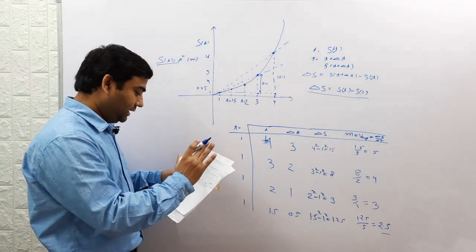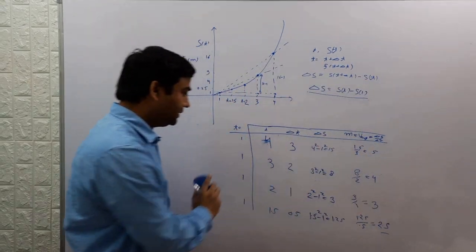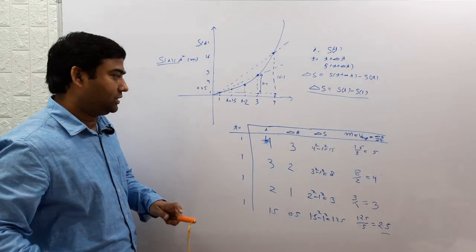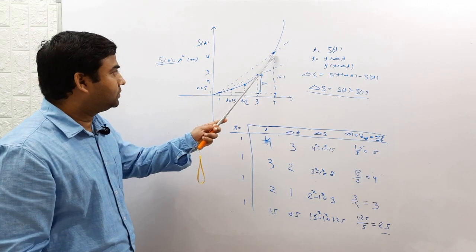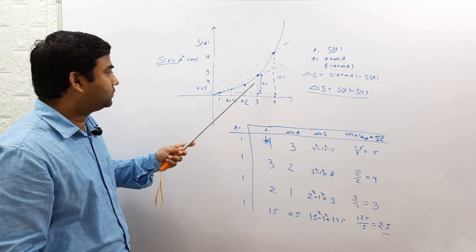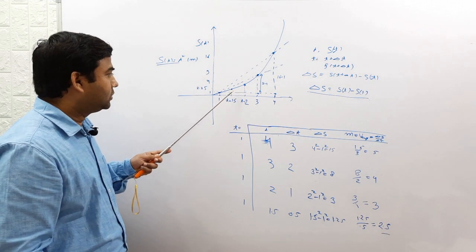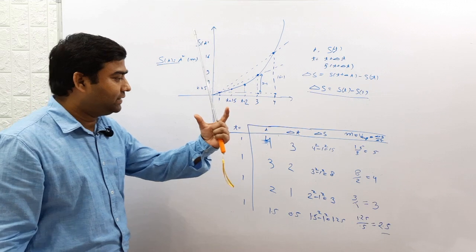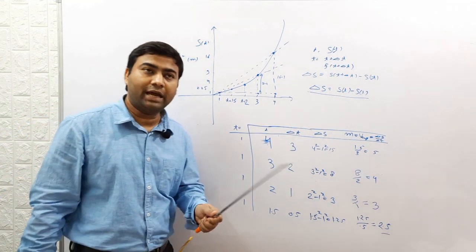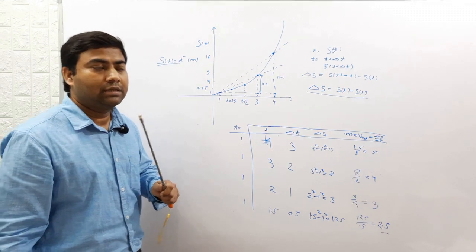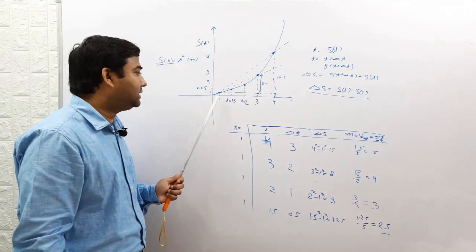So till here we have seen that when we approach from t equal to 4 to 3 to 2 to 1.5, reducing delta t, the average velocity is approaching more and more closely the instantaneous velocity at t equal to 1.